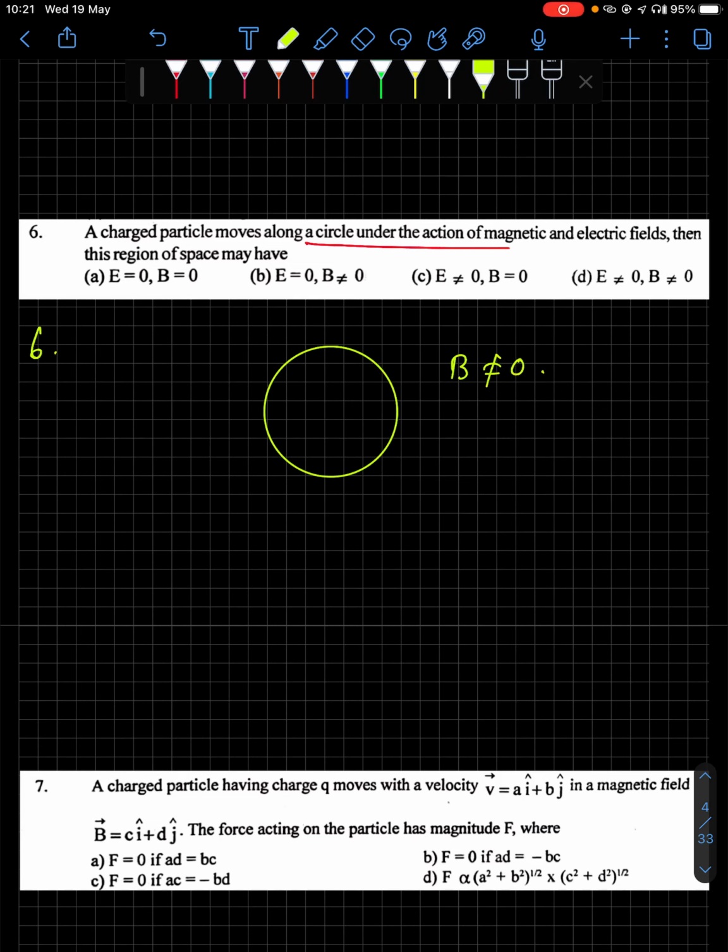B has to have some value, right? But electric field can be 0 because electric field is not required for a charged particle to move in a circular path. It can at most accelerate or retard a charged particle moving parallel or anti-parallel, depending on positive charge and negative charge as well. So for this particular question, your answer is option number B.